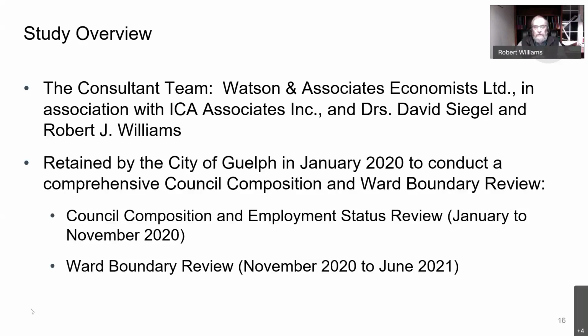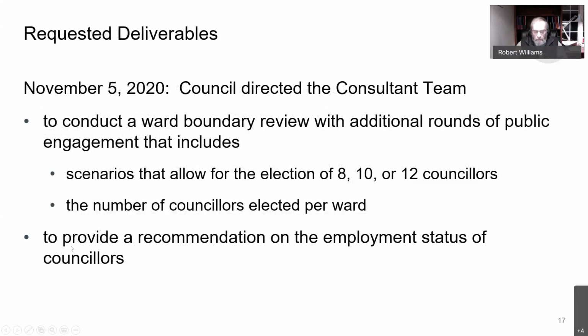That took us through to November, when we provided a report to council about our findings at that stage. This tonight then begins the public version of the ward boundary review. So we started to do a bit of work following that November meeting, but this is the first public component, and we plan to have this project completed by June of 2021.